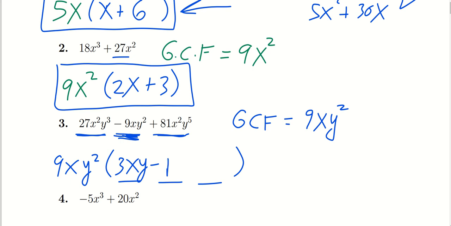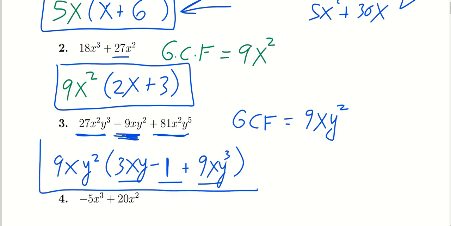So the only thing that's going to be left as a placeholder, 9 goes into 9 one time, so we just have a 1. And then plus, when we factor the 9xy squared out of the next term, we're going to have a 9xy to the third. Again, if you're uncertain, it's not a bad idea. You can always redistribute this back in and check to make sure that you recover the original.